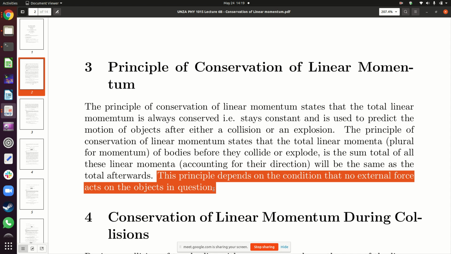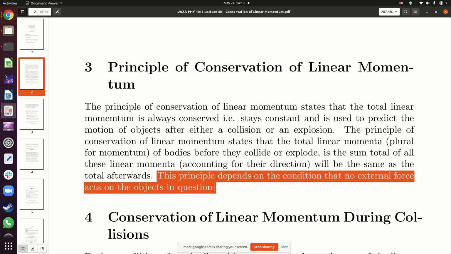You can only apply the principle of conservation of linear momentum when the objects involved in this situation, whether it's a collision or an explosion, have the same velocity. They have to be moving at constant velocity. So the object has to be moving with the same velocity throughout, or the object has to be at rest.